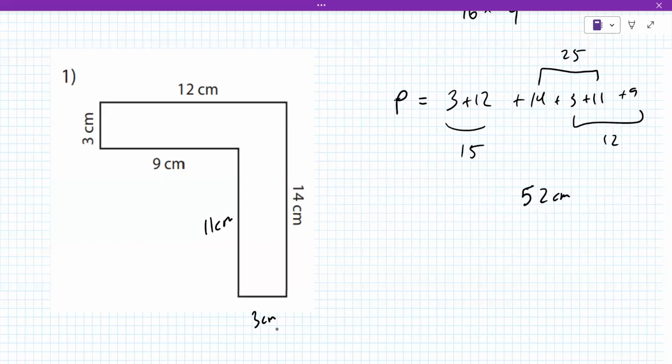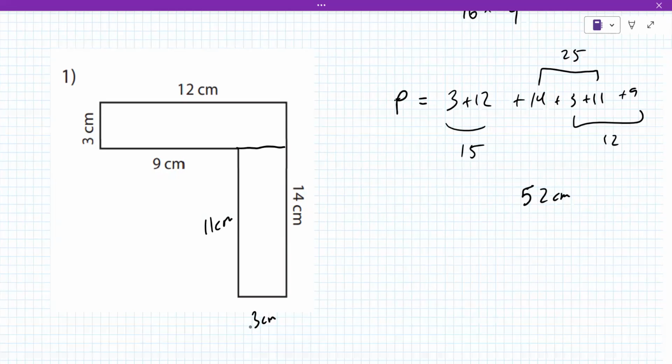Okay. Good. Now the area, you have a choice. You can either cut it where I'm cutting it, or you can cut it going the other way. It doesn't matter. You have to decide what you think will work here. But go ahead and calculate that for us, please.